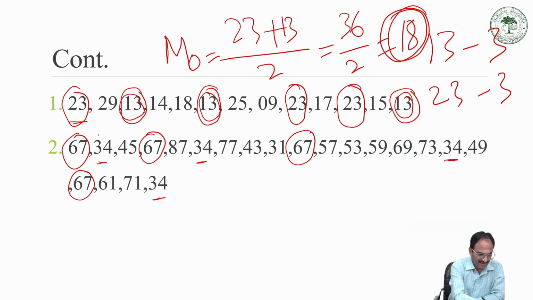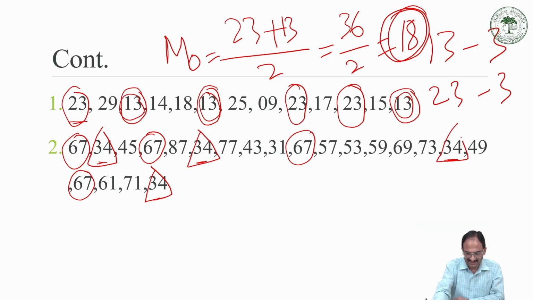So let me make a triangle. This, this, and this. So 67 is repeating 4 times. 34 is repeating 4 times.